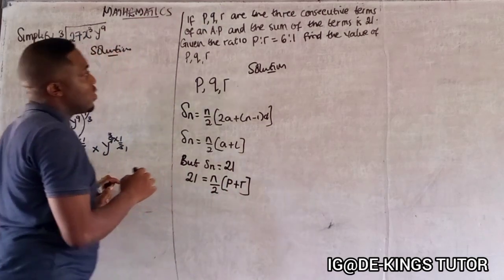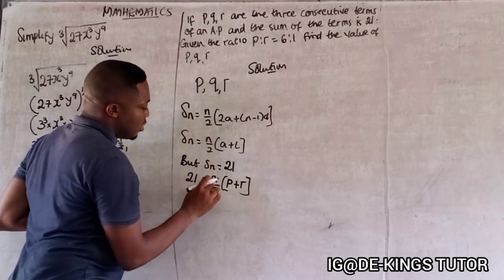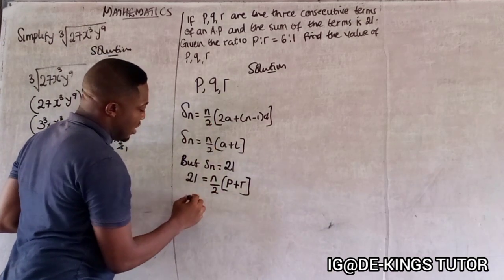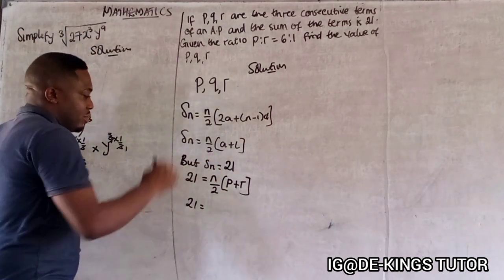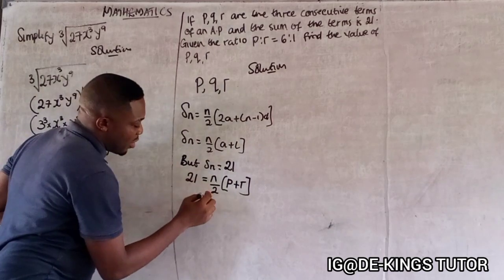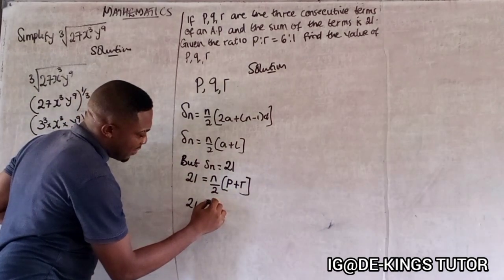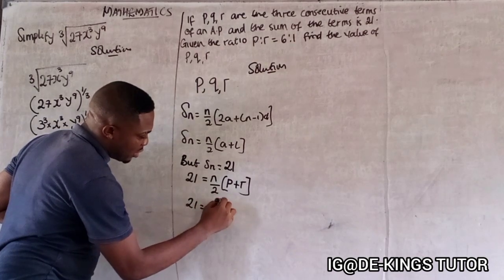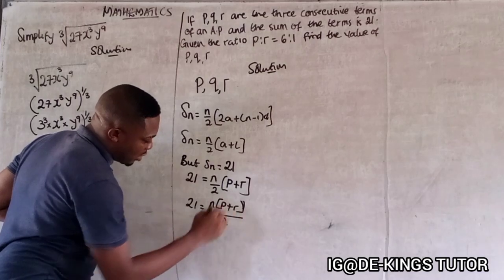Okay. So that is 21 equals, now from here, if we substitute this, we can have n into (P plus R) all over 2.